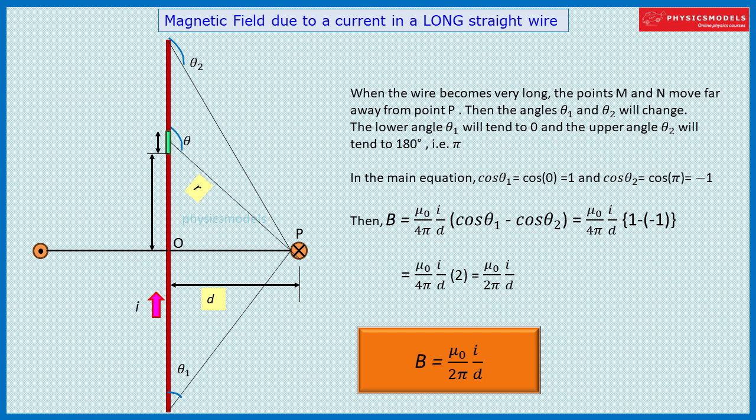So that becomes 1 minus minus 1, that's 2. So mu0 by 4 pi into 2 becomes mu0 by 2 pi, and therefore you get magnetic field B is equal to mu0 by 2 pi into I by d. This is just a simplification of the original equation.